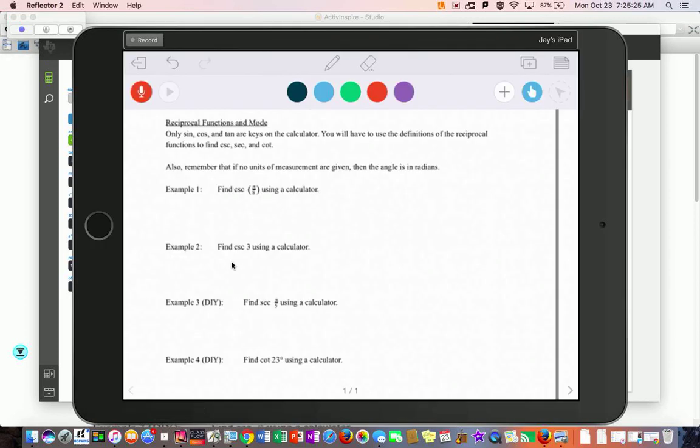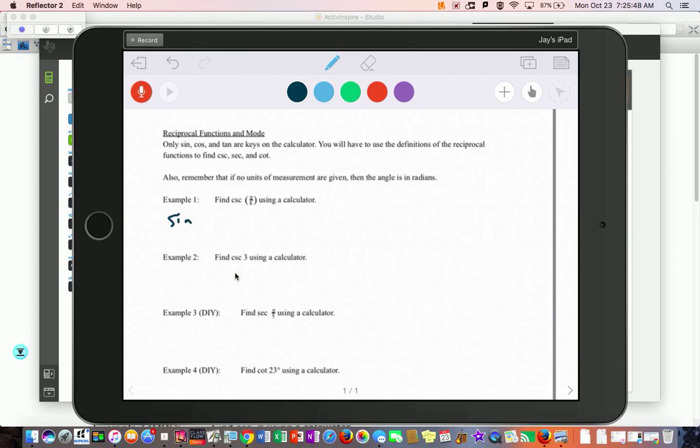So the next ones, we're talking about reciprocal functions and modes and doing stuff on the calculator. So we're supposed to find in the first one, what is the cosecant of pi over 8, and we're supposed to use a calculator. Now, first of all, cosecant goes along with sine.